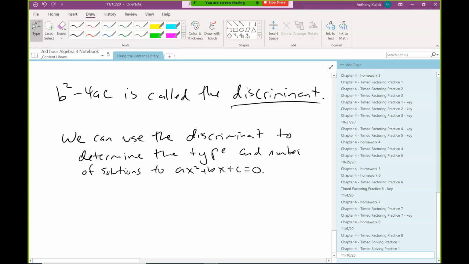So one thing we can use the discriminant to do is determine the type and number of solutions to a quadratic equation. If that discriminant is positive, you're going to get 2 real solutions.